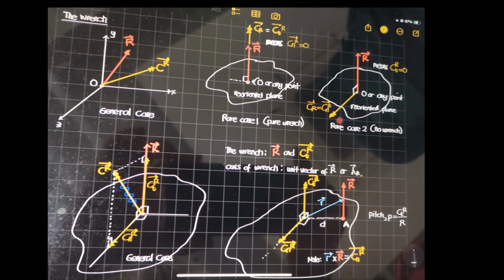So I hope that you can imagine this situation here, as well as this situation here. This is a pure wrench, and this one, there's no wrench involved here because the force will just push, but this force will have a moment in that direction, and the resultant couple is equal to that normal component.